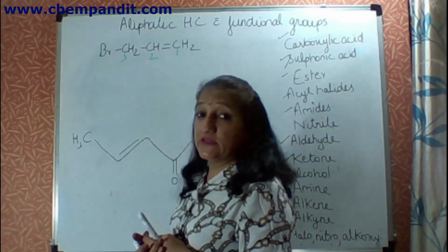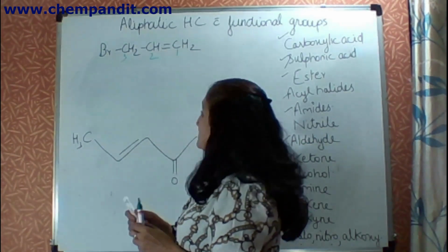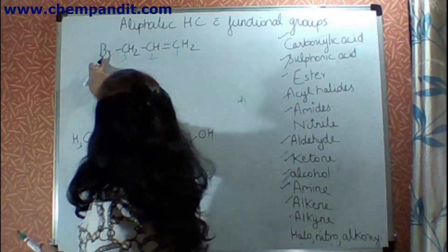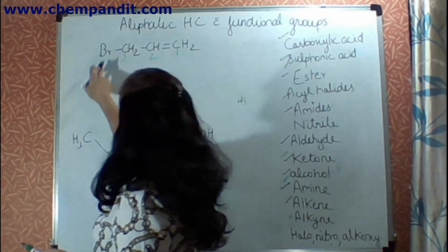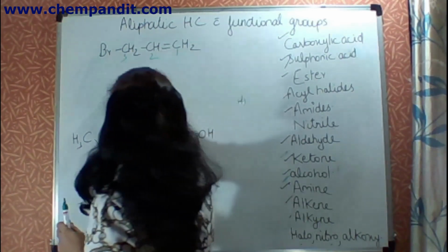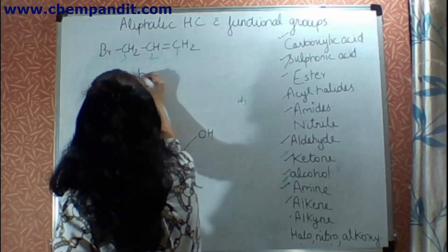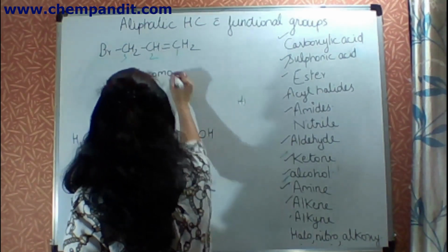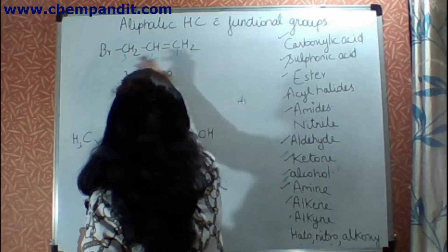Longest chain is of 3 carbon atoms. So this group is taken as the substituent group, which is written as a prefix as bromo. So you will write the name 3-bromo, prop.